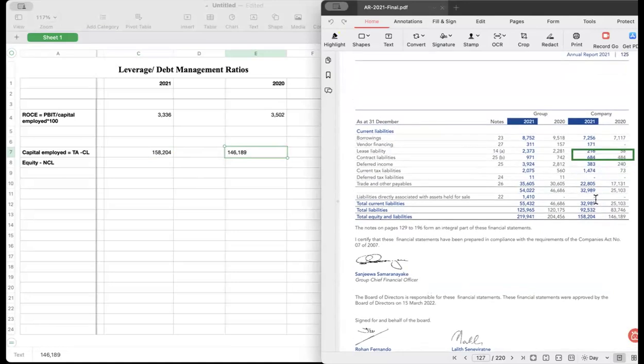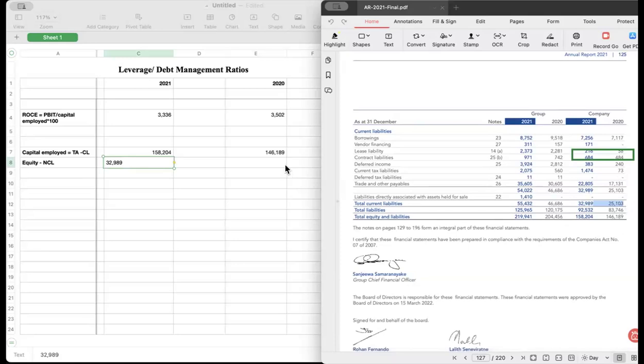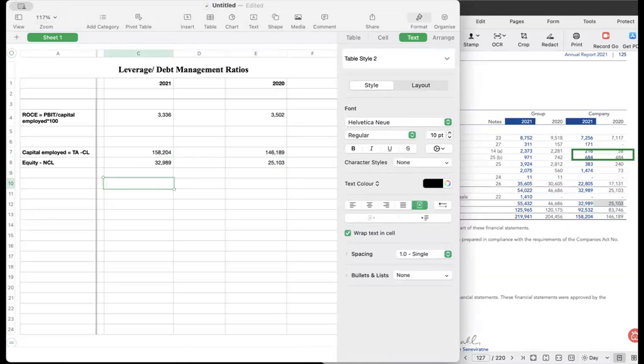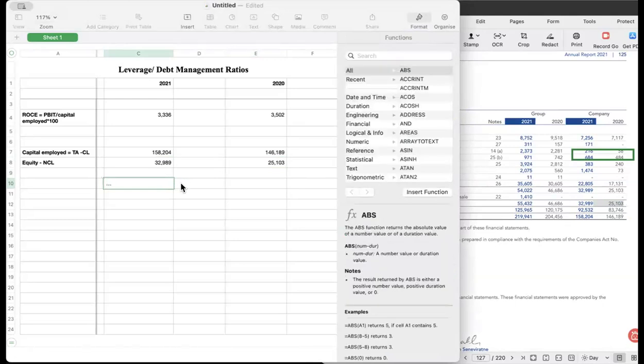Current liabilities, it's over here. So when you're doing the calculation, make sure it's organized. Now I'm doing it this way because I just have to show you how the calculation is done, how it's subtracted, multiplied and everything. But when you do it, make sure that it's organized. After this session, I'll show you how you can organize everything.